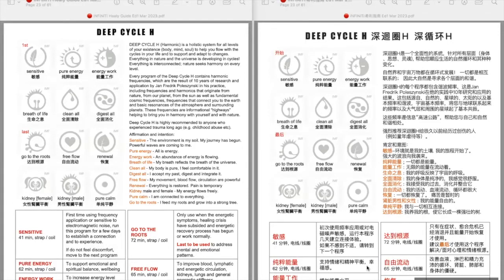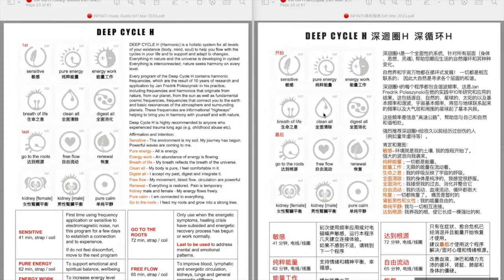Okay, next we come to Deep Cycle. Deep Cycle is similar to Gold Cycle, as it is for the whole body. So this is by the different systems in the body. Breath of Life is for your respiratory system, for breathing. Clean Oil is the detoxification system.